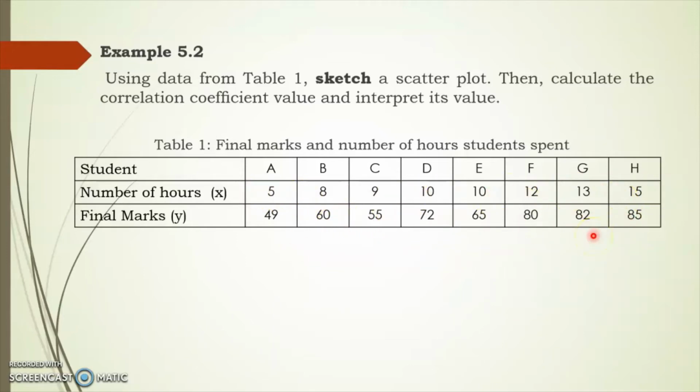So we can intuitively say that there is a relationship between these two variables, but you don't know whether it is a strong, a moderate, or a weak relationship. Kan? So that's why we need to calculate correlation coefficient.